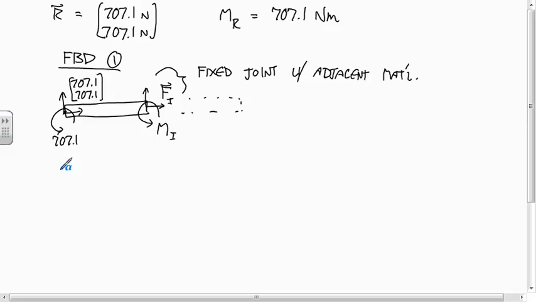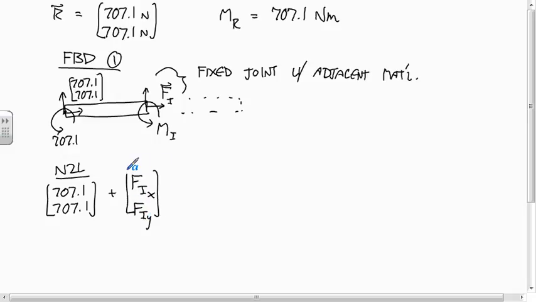So Newton's second law says add up all the forces, they have to be equal to 0. So 707.1, 707.1 plus Fi, X and Y components, is equal to zeros.